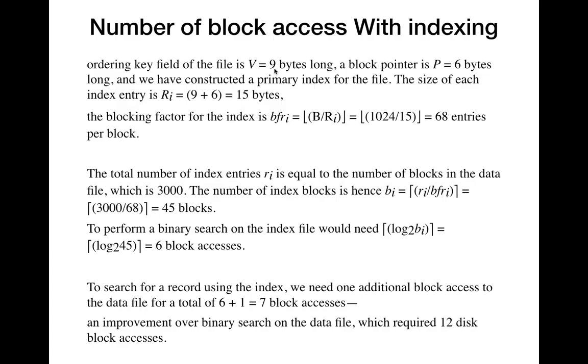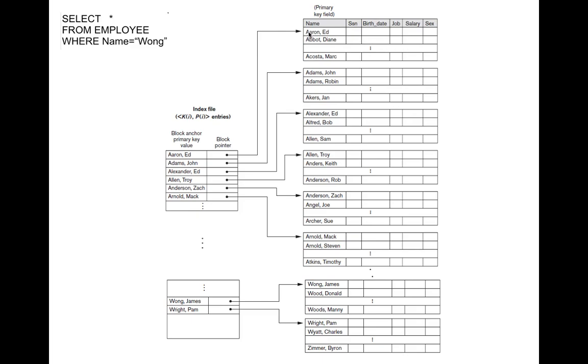Now for that, let's take the example. This whole row is of size 100 bytes. This field alone, let's consider it to be 9 bytes. That is, your anchor record is of 9 bytes. For the pointer size, let's assume it to be 6 bytes.